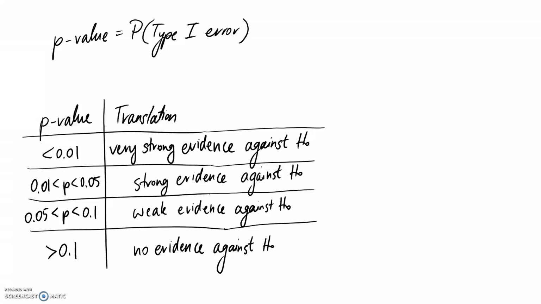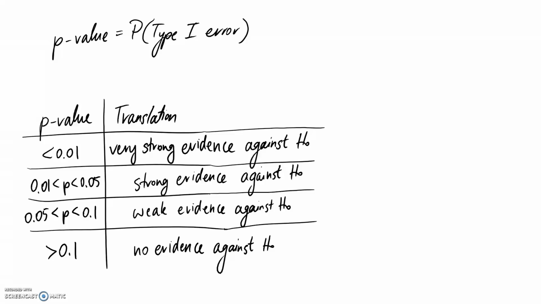There's a few different things that we can conclude based off the p-value that we get from our statistical test. If we have a very, very small p-value, less than 0.01 or 1%, we can say that there's very strong evidence against H0. That means we'd probably reject H0, our null hypothesis, and accept H1 instead.